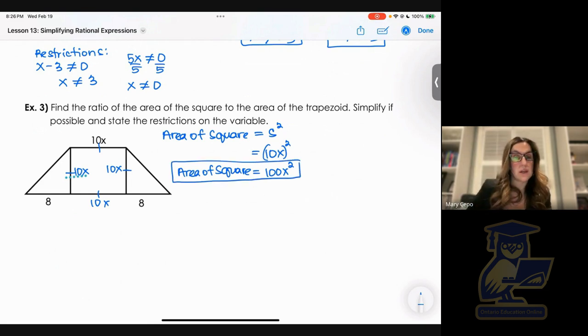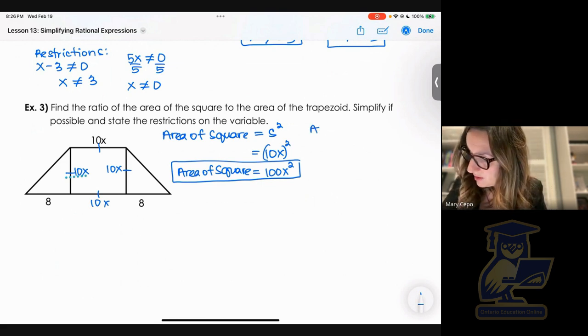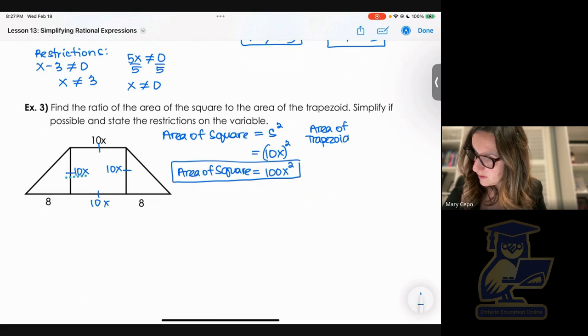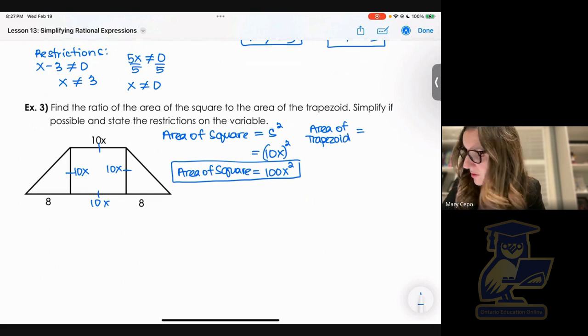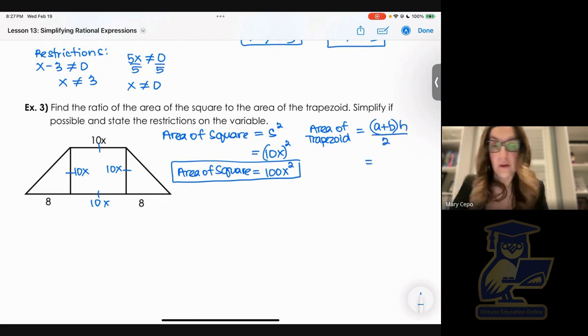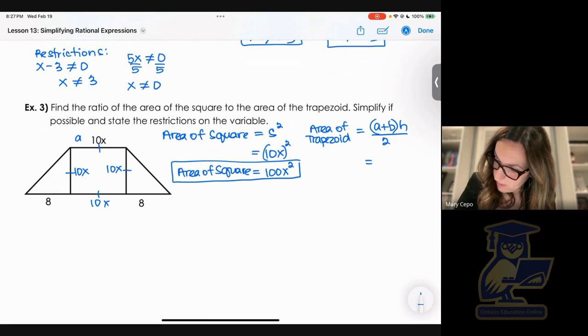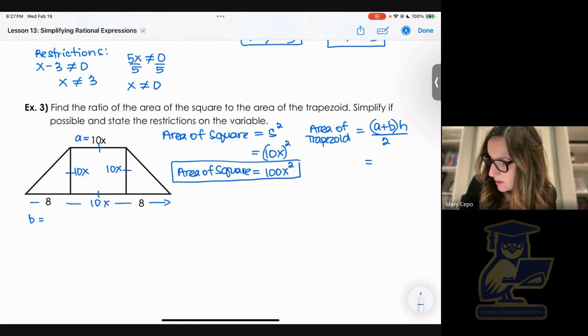We're going to take the ratio of the area of the square to the area of the trapezoid. So we need to determine what the area of the trapezoid is. The formula for the area of the trapezoid is always a plus b times h all over 2. Knowing that a would be this upper length, b would equal this whole length.